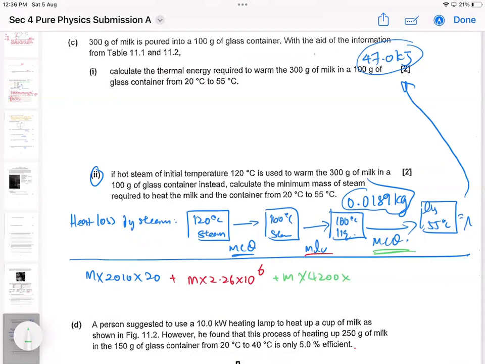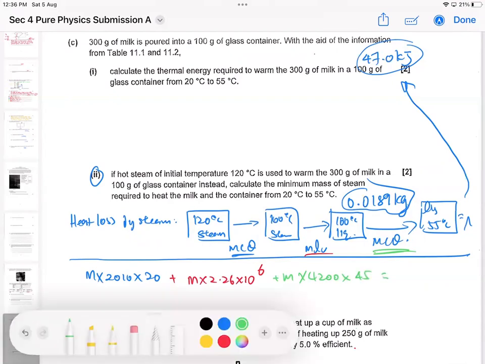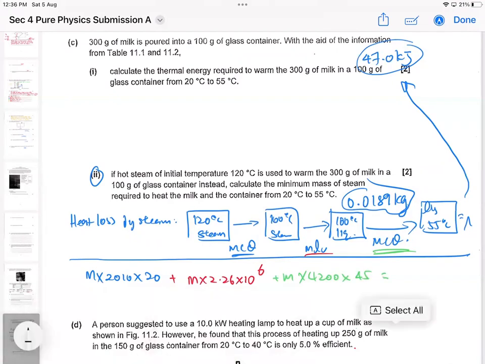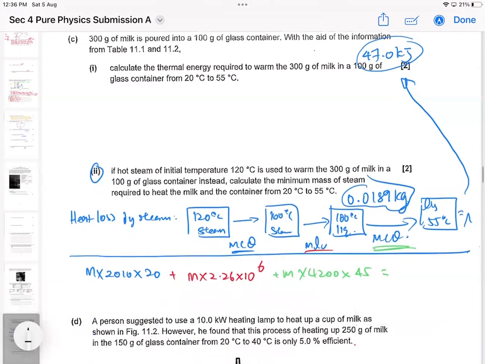The difference in temperature is 45, from 100 drops down to 55. This is equal to the heat gain by the milk and the container, so that is 47,000. I put it as 47,000, ignoring all those behind. Then solve for m, it should be in the region of 0.0189 kg. Tiffany, got it?